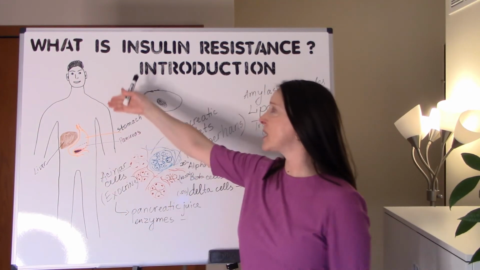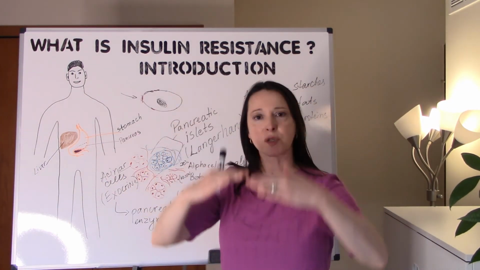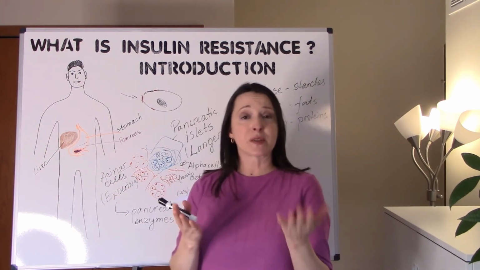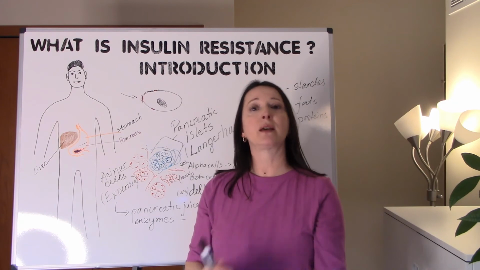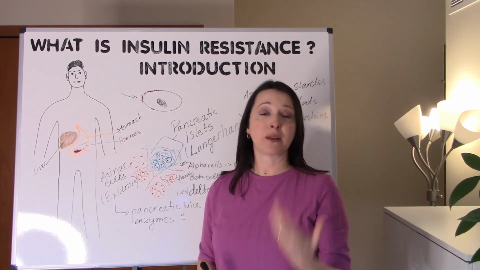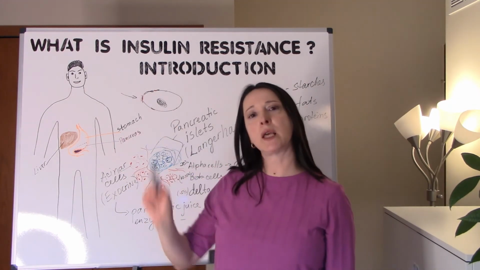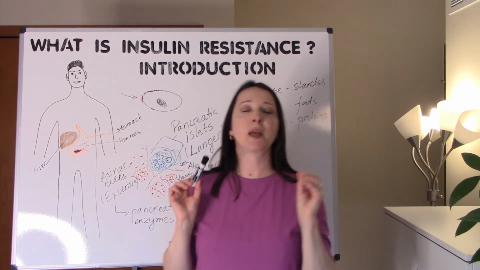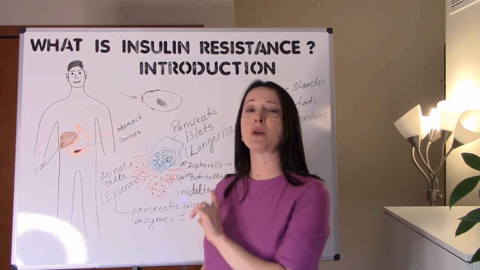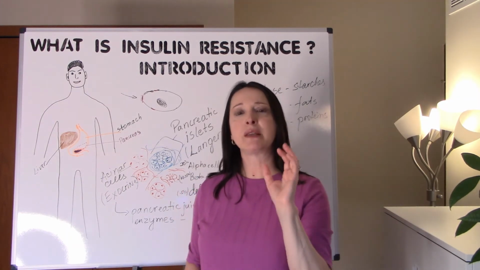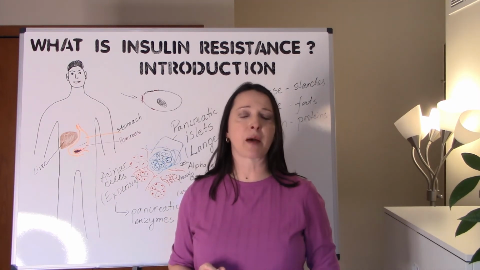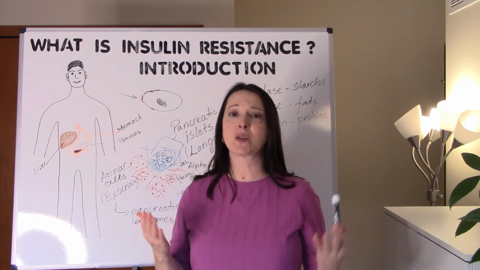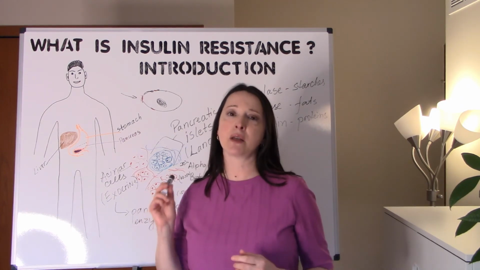If somebody ingests food, insulin comes, lowers the blood glucose level, and it stays low until a couple of hours later when somebody ingests more food and more glucose is made. But in this case, this constant circulation of a higher level of blood glucose is causing detrimental effects. We'll discuss more in the next video, but this is how a lot of chronic conditions happen, and that's why we need to be aware of what insulin resistance is and how exactly it occurs.